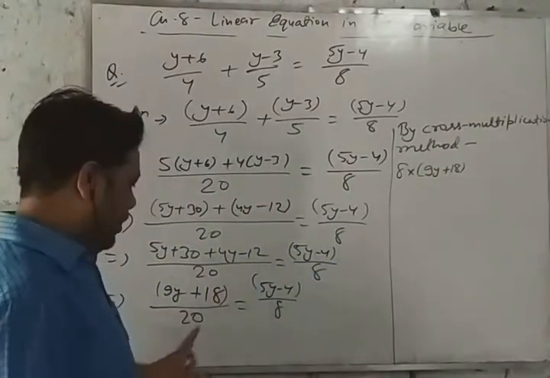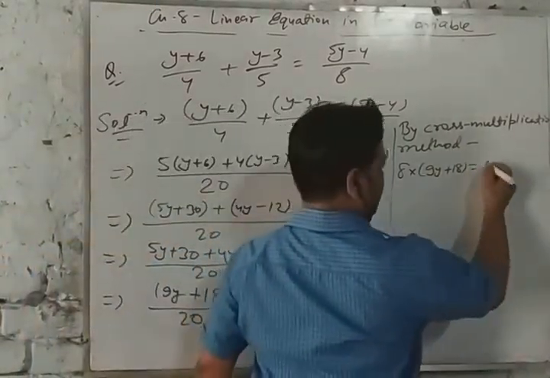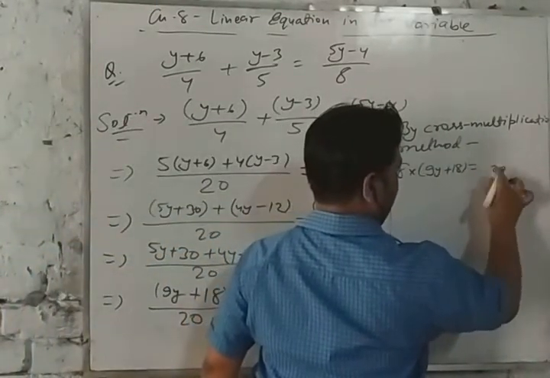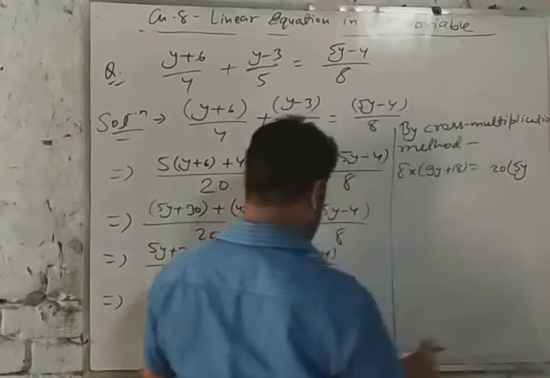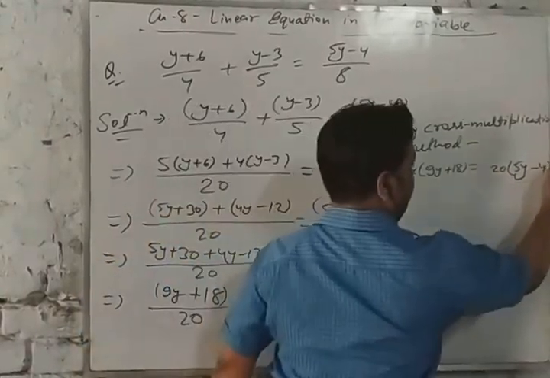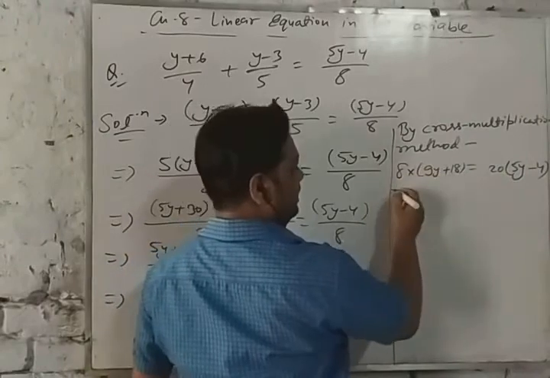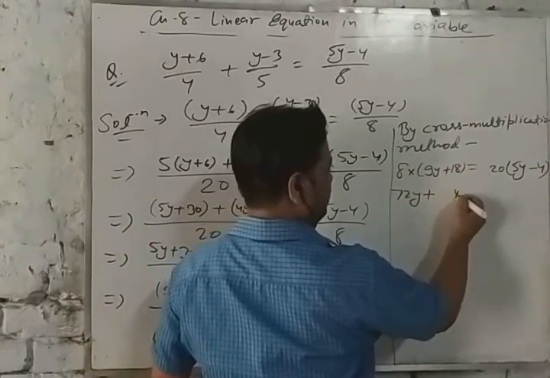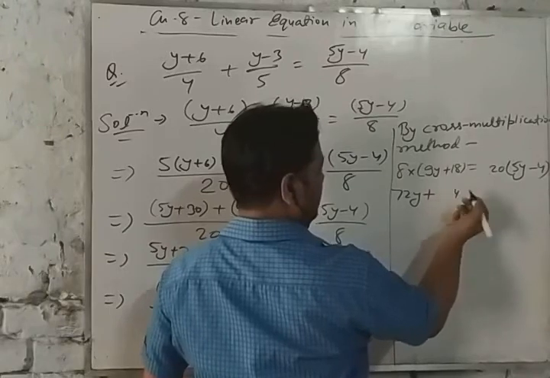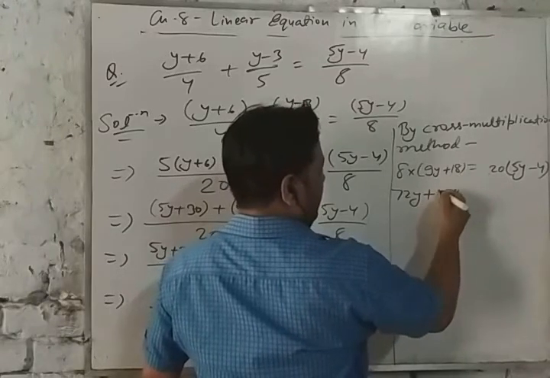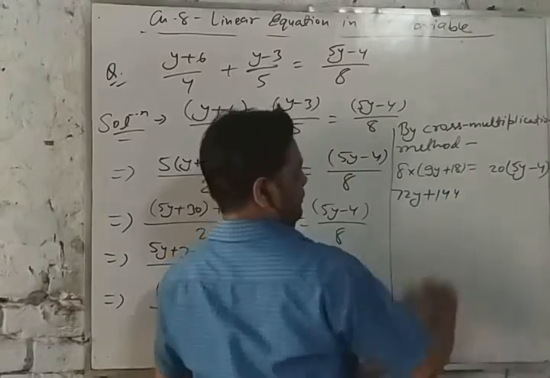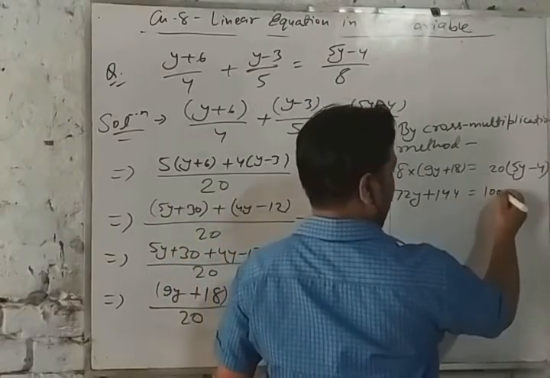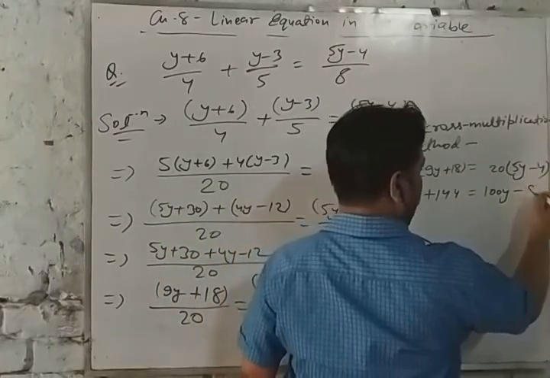Then 20 into 5y minus 4. Now multiply: 8 nines are 72y plus 8 eighteens are 144. Now 20 fives are 100y, 20 fours are 80.